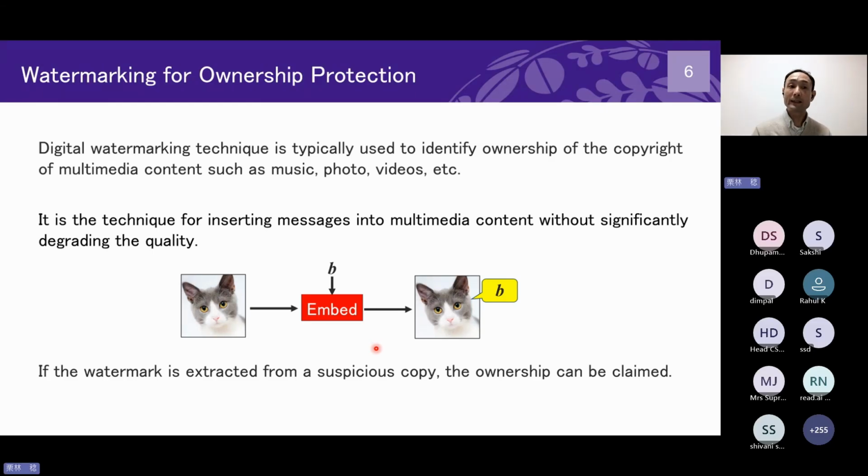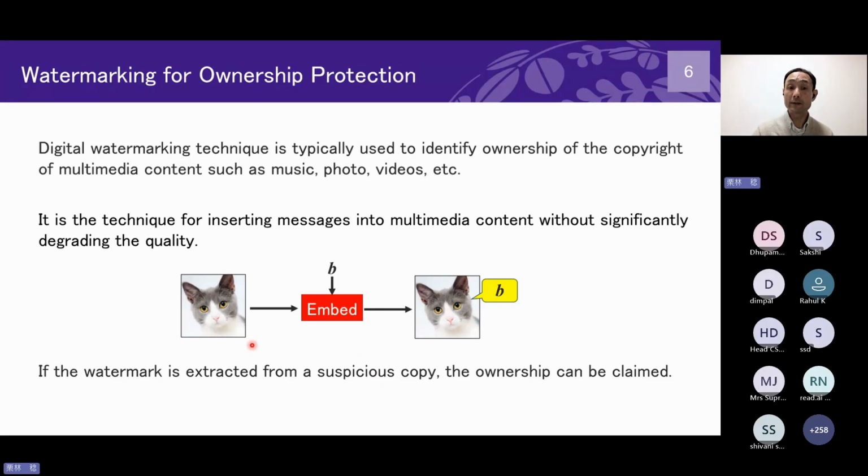Digital watermarking is a technique to embed sub-information into multimedia contents like music, photo, video, and so on. And it is possible to insert sub-information without seriously degrading the quality of the multimedia contents.